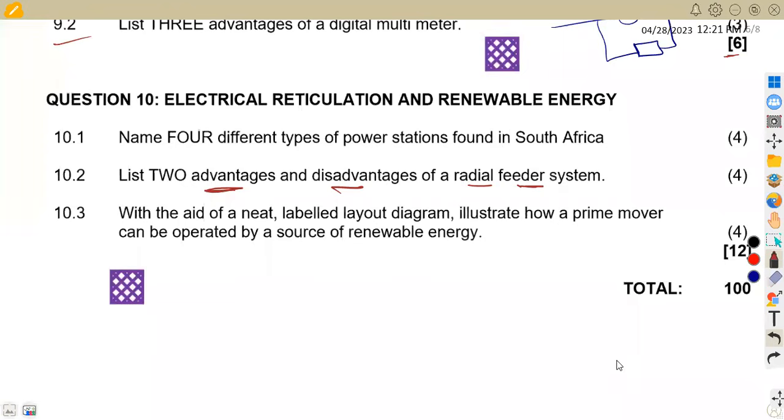Take note, this is 4 marks, so just half a mark for each. So you're supposed to mention each part, properly drawn. That is how we can present our prime mover in terms of its operation to bring about renewable energy. All right, so that marks the last part of our question, question 10.